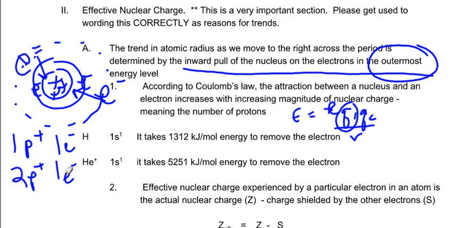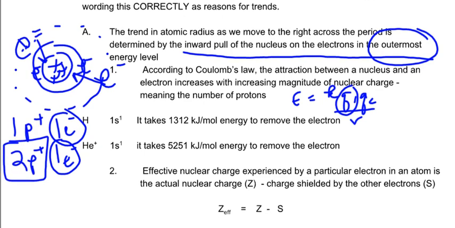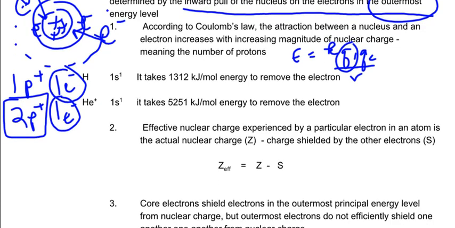Why is it so much more difficult to remove this electron from helium than this electron from hydrogen? Well, I think you're going to see it has to do with the fact that there are more protons in the nucleus of helium. So let's put this together here. Effective nuclear charge experienced by a particular electron in an atom is the actual nuclear charge, that's your number of protons, minus the charge shielded by the other electrons.